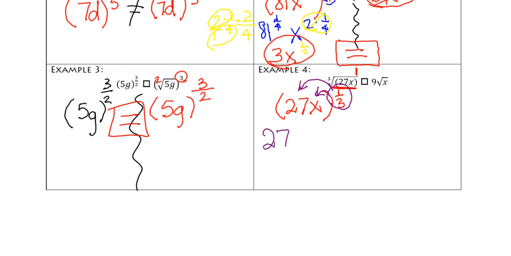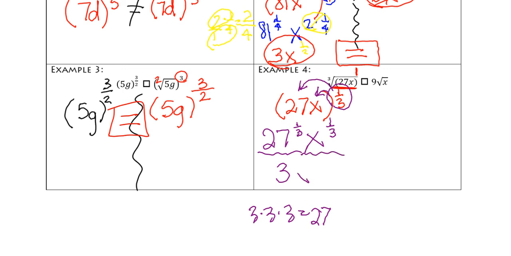So we have 27 to the 1/3 power, x to the 1/3 power. And if you take 27 to the 1/3 power in your calculator, that is 3. That's the same thing as the cube root of 27. So 3, that's just saying 3 times 3 times 3 is 27. Or you can plug it in your calculator. And then x to the 1/3 power, I'm going to leave like that.